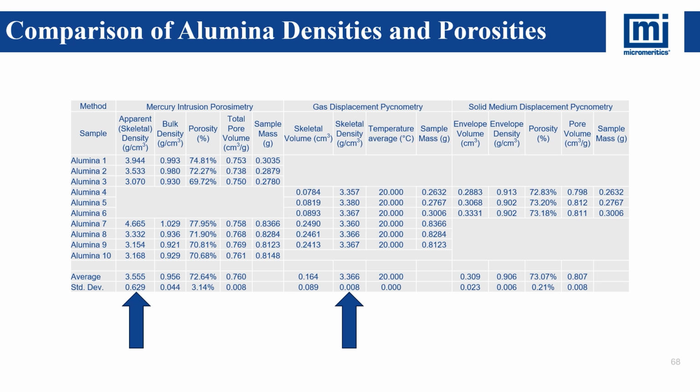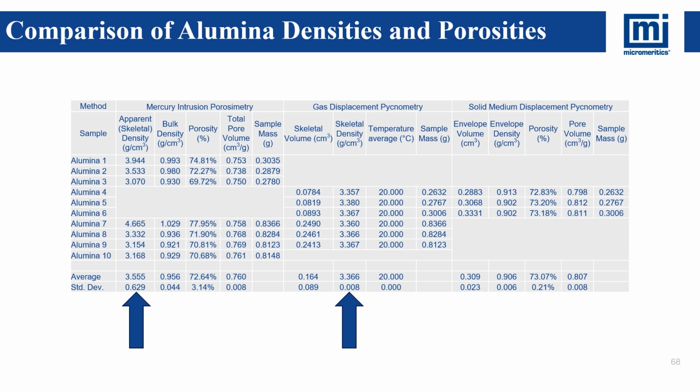The calibration of the gas pycnometers is very accurate, very reliable, very robust. The determination of skeletal density by mercury intrusion is based upon knowing the volume of the mercury that fills the penetrometer when it's empty. And there's not as much reliability in that result.